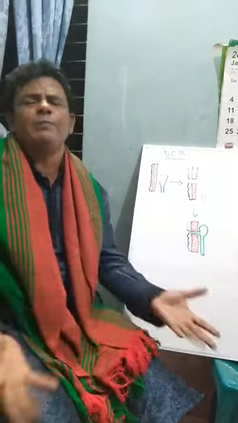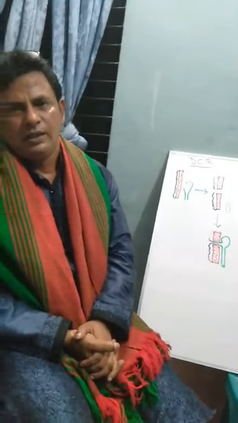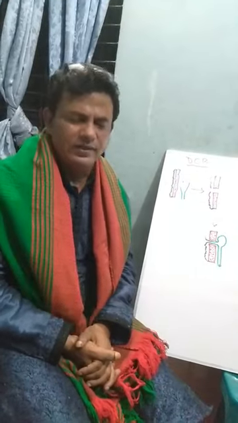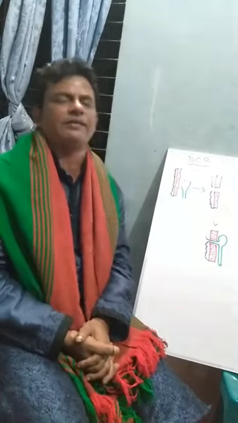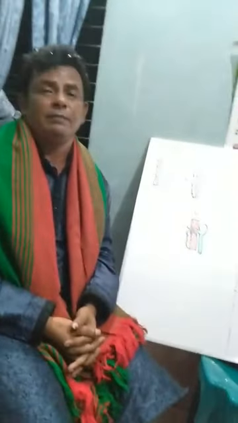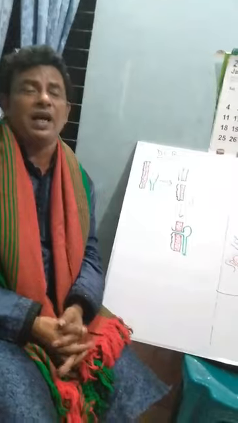Now, what are the treatments of dry eye syndrome? Dry eye patients are treated at first with education of the patient. Then the very important medication is the tear substitute eye drop.